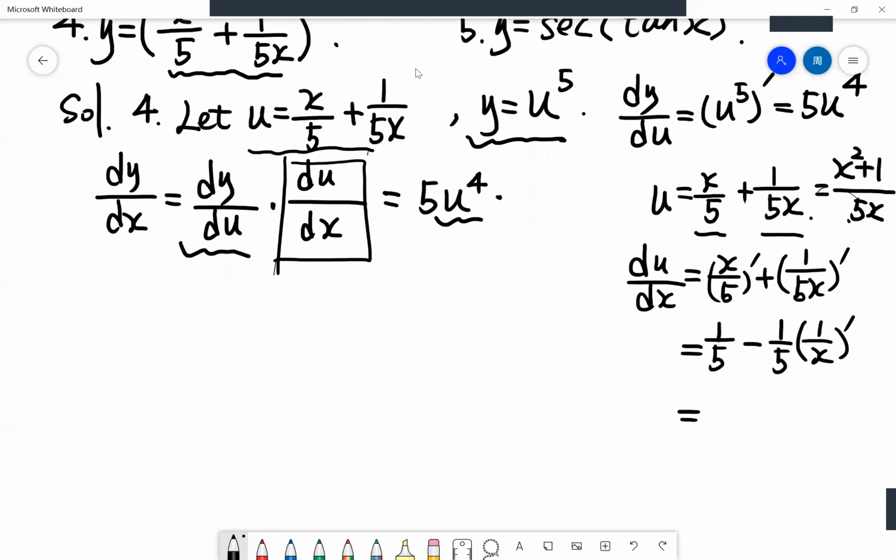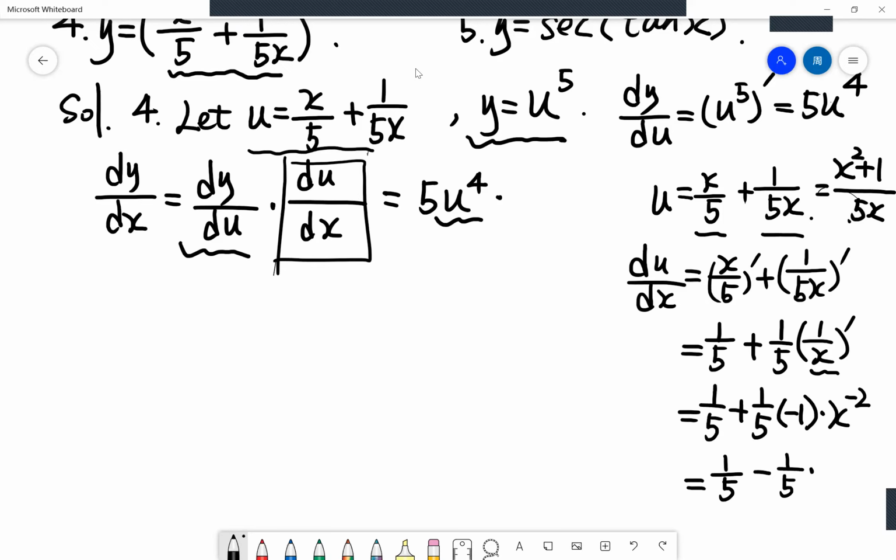Oh, sorry, here is plus. Here that means 1/5 plus 1/5, and here that is x to the power minus 1, so minus 1 times x to the power minus 2. So we can get 1/5 minus 1/5 times 1/x squared.